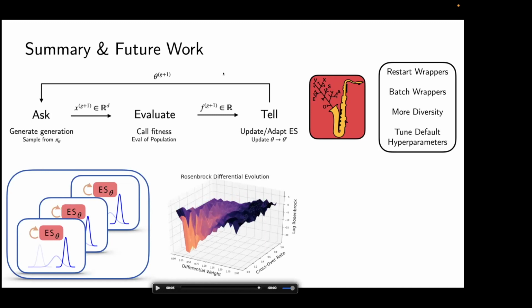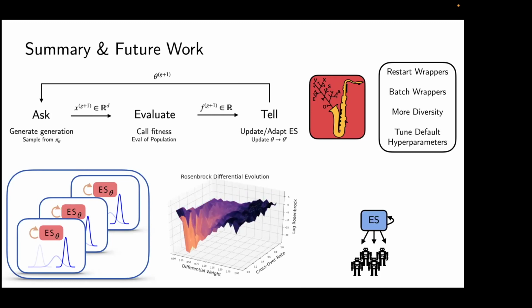The differential rate and the crossover rate are two hyperparameters of this differential evolution strategy. Using a simple vmap over this, you can run all of these 100 evolution strategies in parallel over a problem and see how the fitness shapes change over the generations.